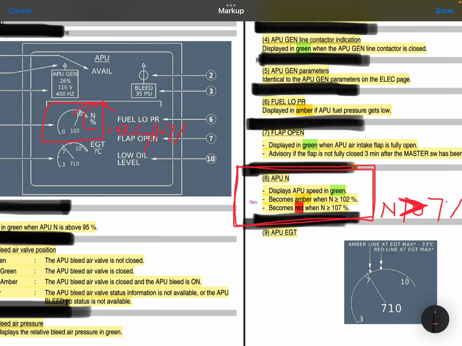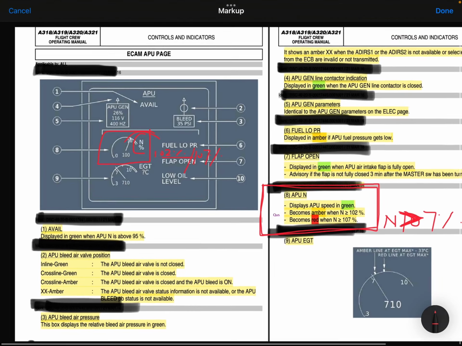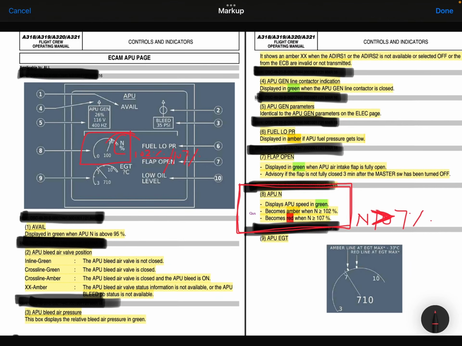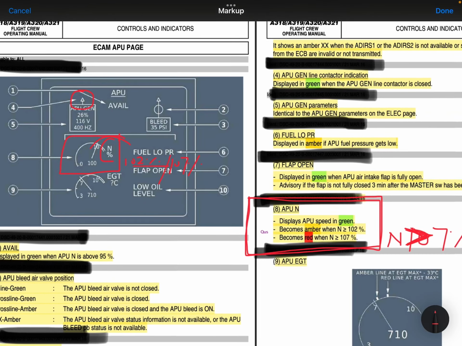Otherwise this is displayed in green color, right? Here, this is the APU GEN line connector. It is displayed in green color whenever it is closed, right?